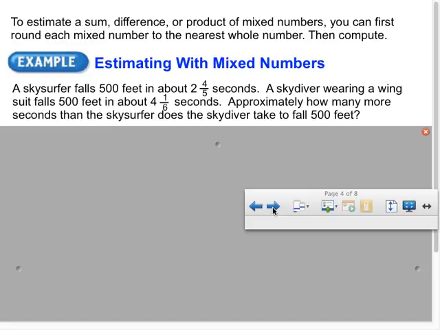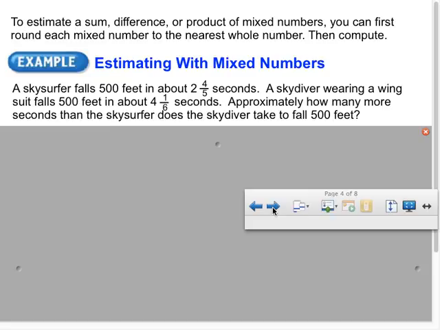Is there anybody that wants to share with the class what number they chose for the first mixed number? So 2 4/5. Who can explain to the class the whole number they gave 2 4/5? Sergio, you had your hand in the back. I haven't called on you today. What do you think it's going to be? 3?